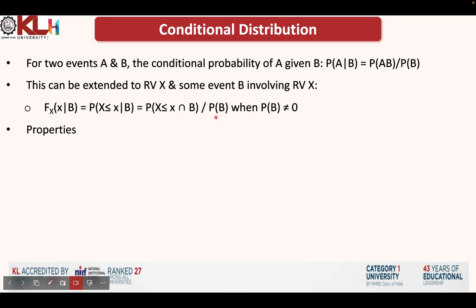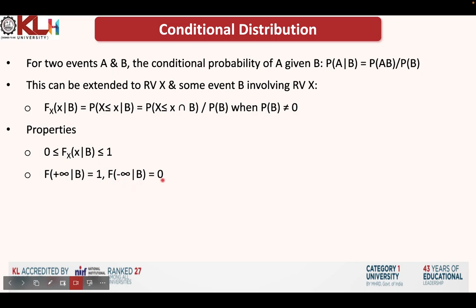The properties for the conditional CDF in this case are similar to the CDF cases we have seen before, both for discrete and continuous. Since it's a probability, the value has to be between 0 and 1, and if x takes a value infinity, then the probability is 1.